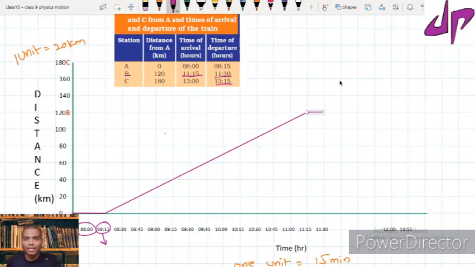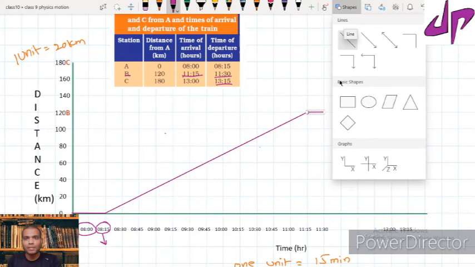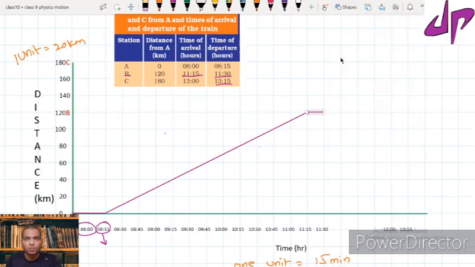So I have taken 13:00 here and the train reached 180 kilometers, station C. So from 11:30 to reach 180 kilometers, it means at station C.